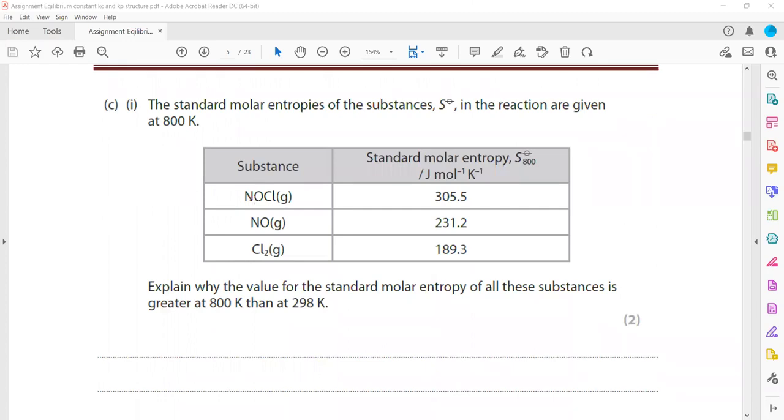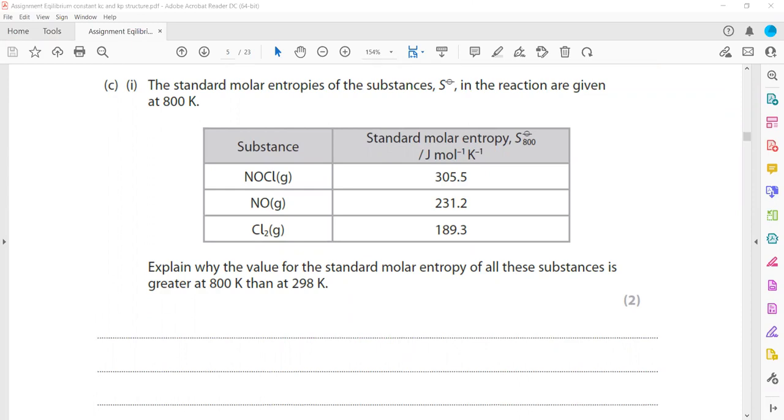And in part C1, standard entropies are there. Explain why the value of the standard molar entropy of all substances is greater at 800 than at 298. So basically, why does the entropy increase as the temperature increases, that's the question.